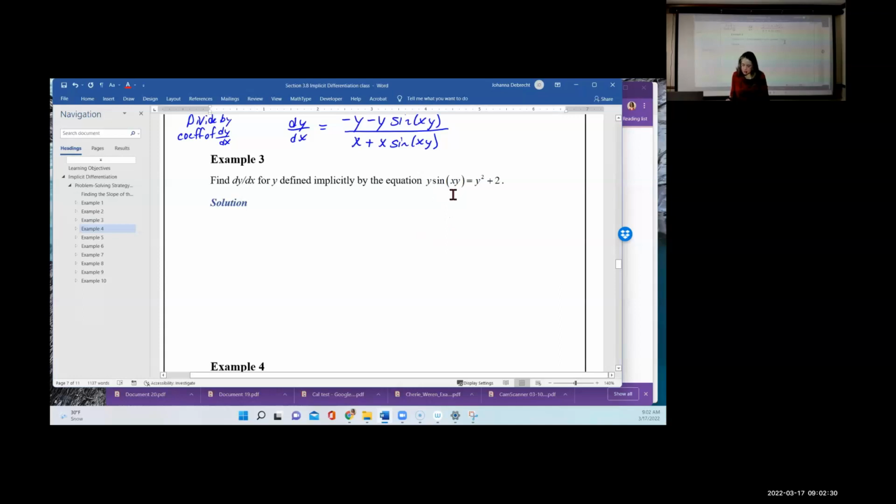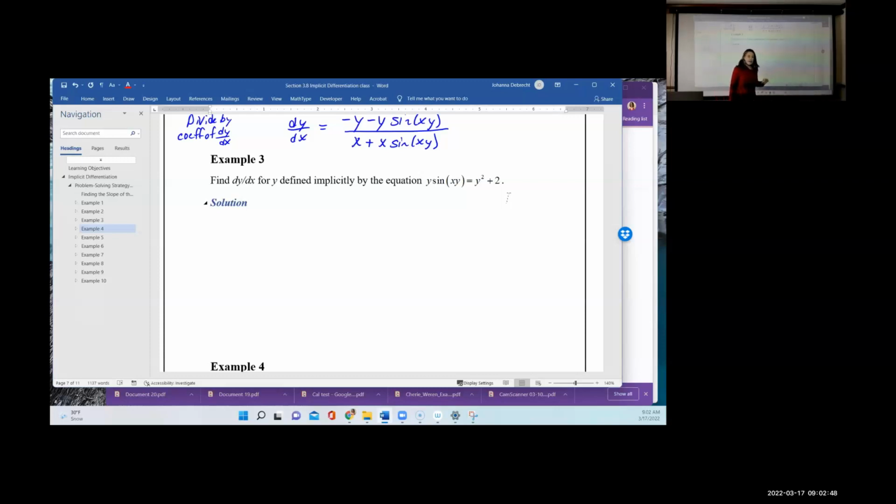So we want to look at this equation, y sine of xy equals y squared plus 2. Now this is an implicit equation because you've got both y and x in various places throughout the problem, and it's not solved explicitly for y. It's not y equals.